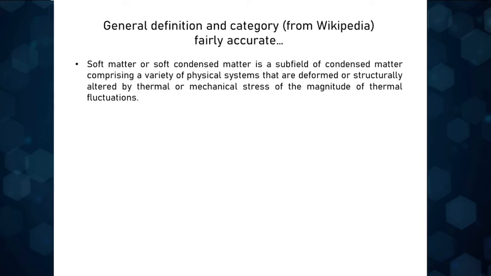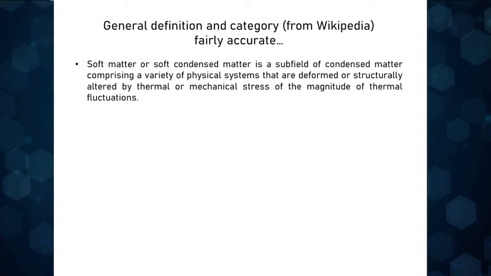So the last point of thermal fluctuation is important because a lot of the perturbations we have in soft matter physics generally happen at room temperatures. And this has a very interesting effect on how you can manipulate the system as a function of different physical parameters, say temperature, pressure, or external fields like electric, magnetic, or electromagnetic fields.